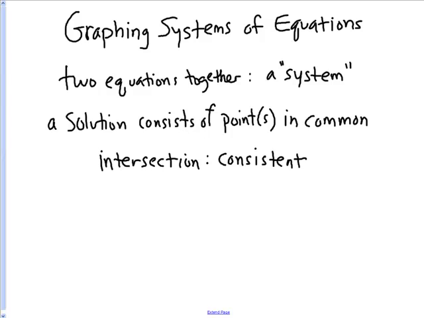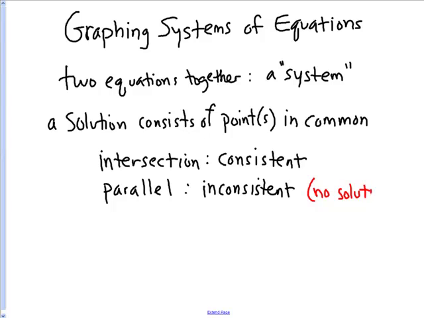When the graphs are parallel, then the system is said to be inconsistent. And we know that because they're parallel and have no points in common, that there will be no solution.